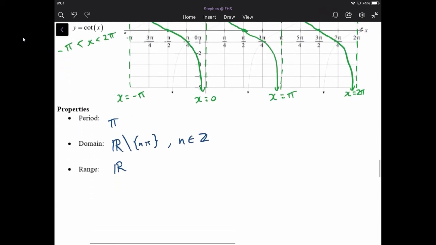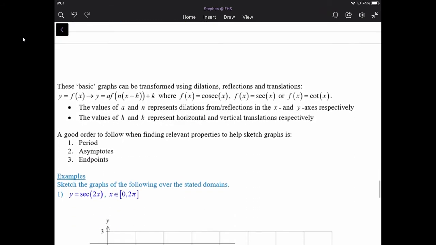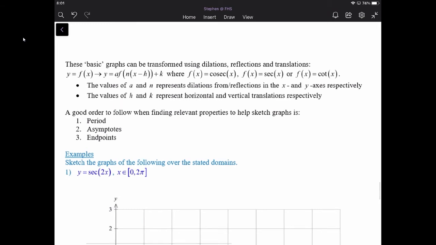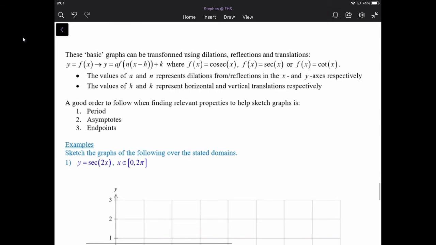There you go. So that concludes the basic graphs of cosec, sec, and cot. So now these graphs, these are what we call the basic ones. We can transform them using our usual methods knowledge, which is your DRT, dilation, reflection, and translation. So basically, if you have f of x equals cosec x, sec x, or cot x, then you can transform that y equals f of x into y equals a times f of n bracket x minus h plus k.